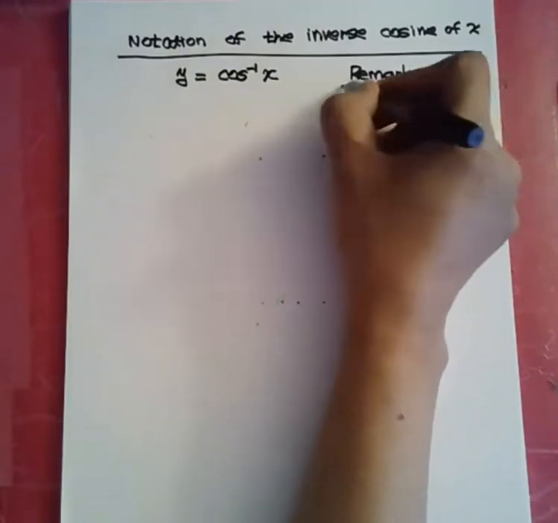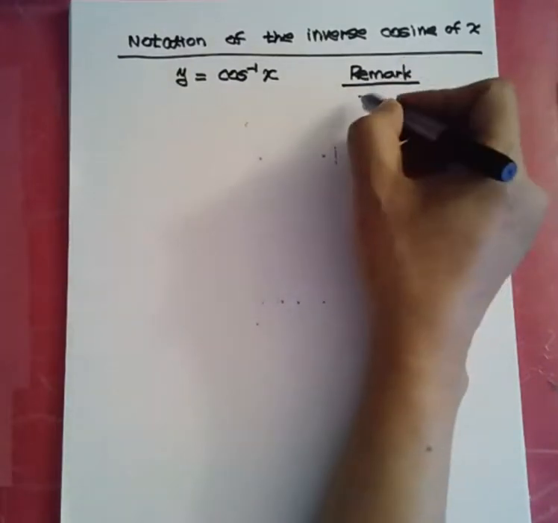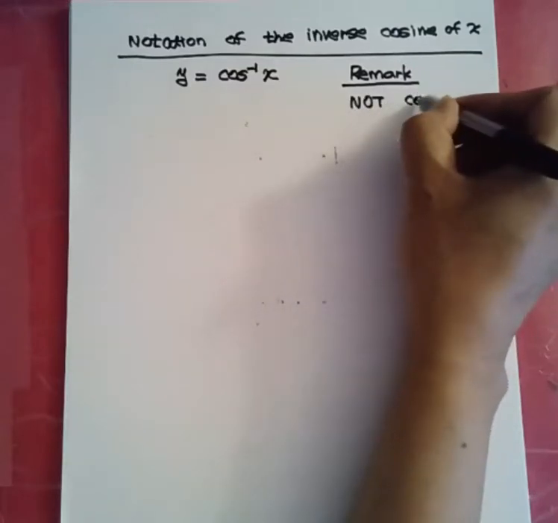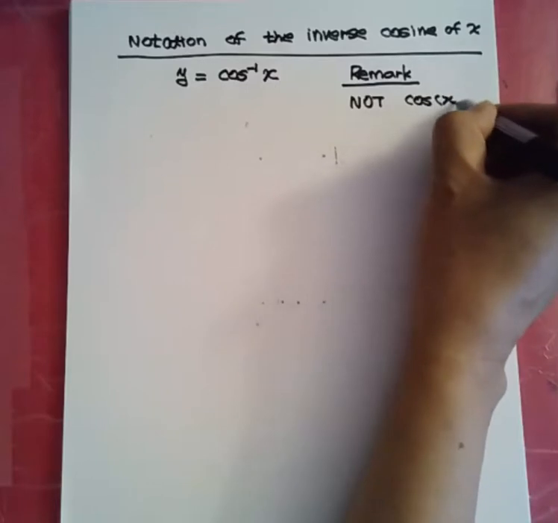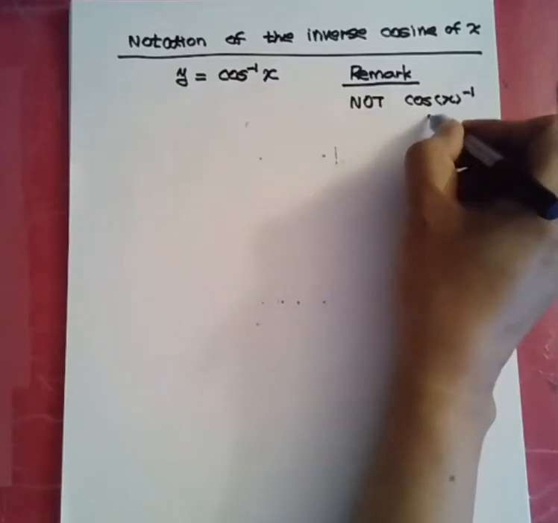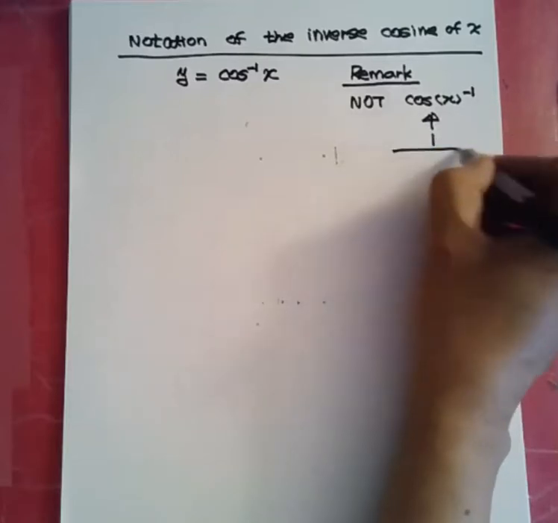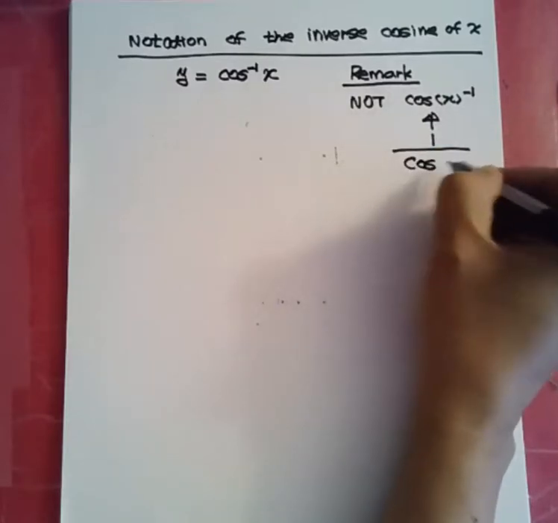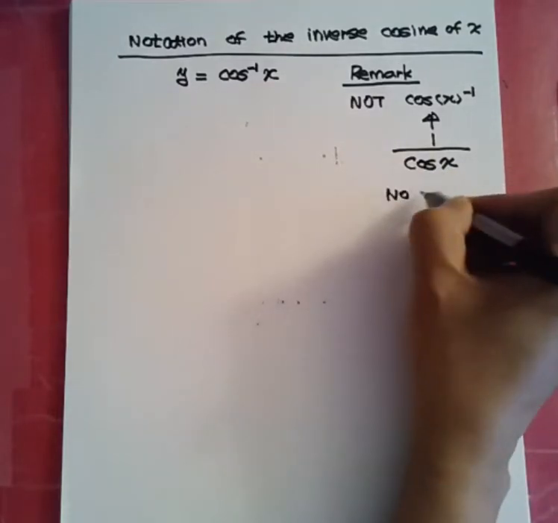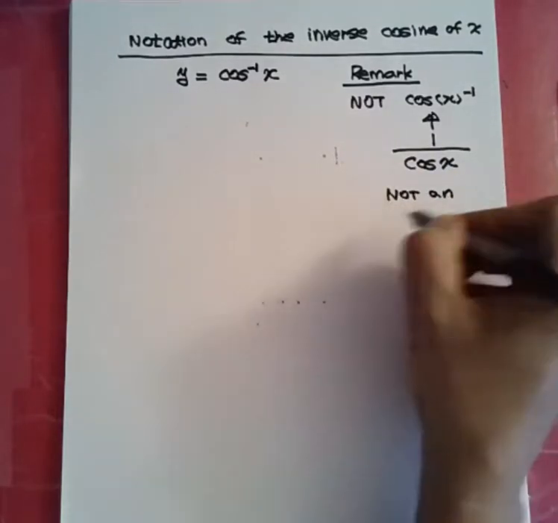What's important is that it's not cosine of x to the -1 power. That one is 1 over cosine of x, which is not an inverse function.